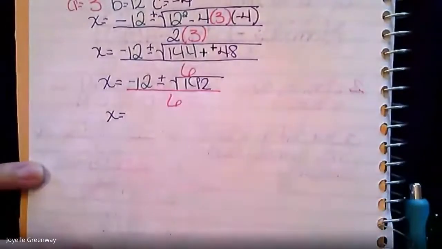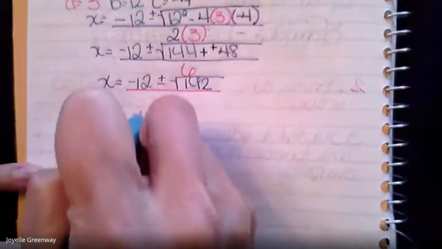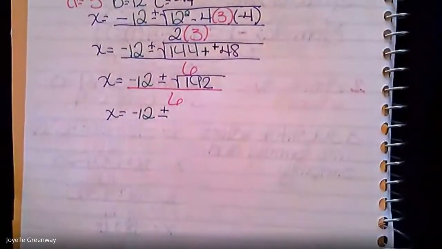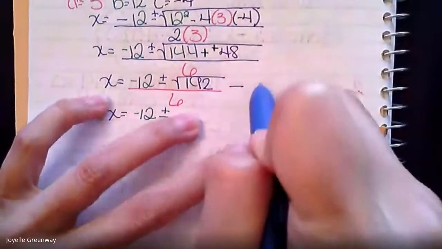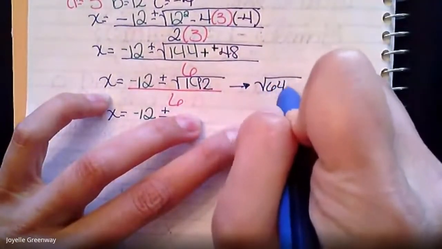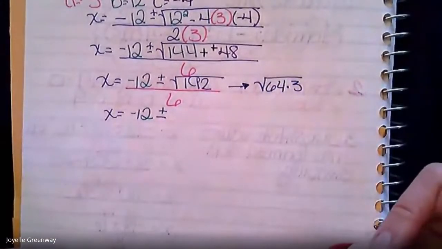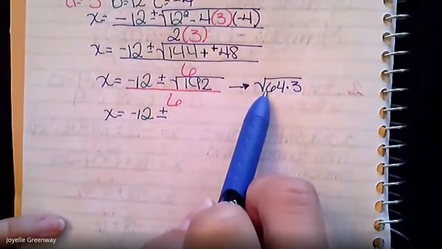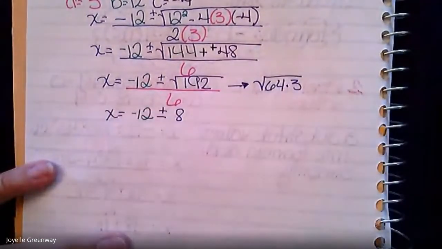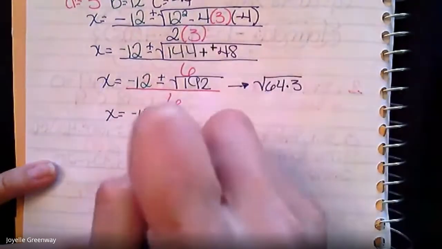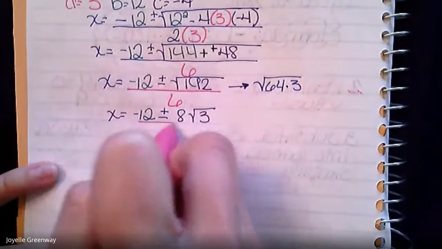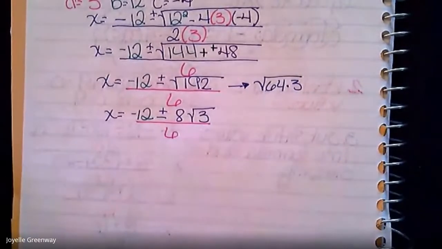So I get x is equal to -12 plus or minus the square root, right? So if you want to think about this, it's like the square root of 64 times 3, right? And then the square root of 64 is 8. So you'd have 8 radical 3. Now all of that is being divided by 6.